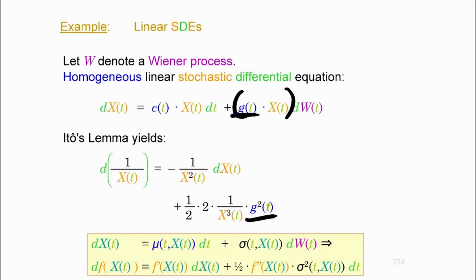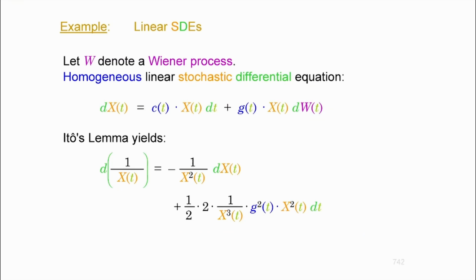So you need to have the square of this expression. So this is sigma, and then its square is going to be g squared times x squared. That's basically what you end up with in the expression. And then, of course, you have dt, not the Wiener process, dt, due to the quadratic variation of it. And that is the reason.